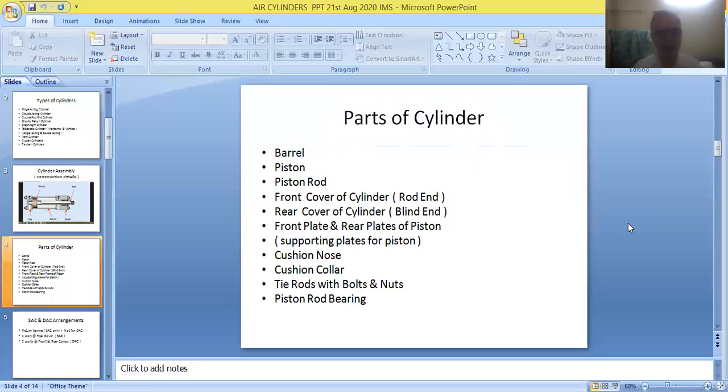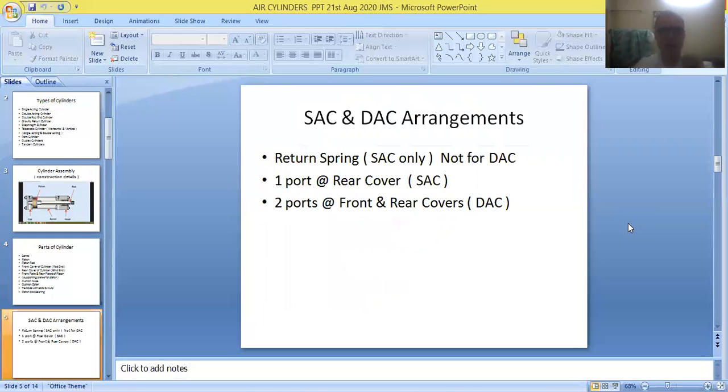And finally, the bearing, very essential for supporting the piston rod, which is arranged inside the cylinder and also extended to outside the cylinder. So friends, we have to make all these items for preparation of these cylinder assemblies.